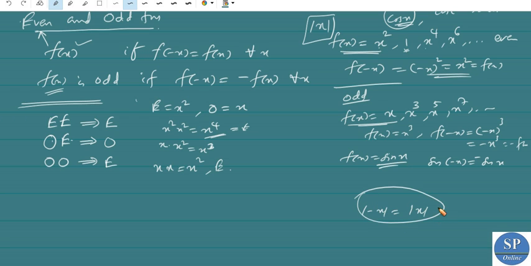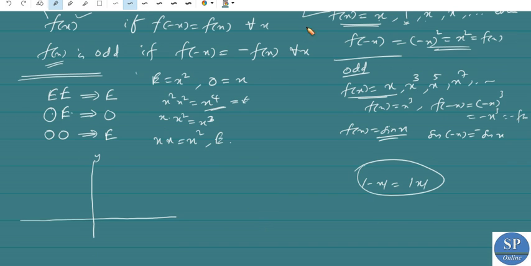Now, the graph of an even function is symmetric about the y-axis. This is the y-axis. So for example, we know the graph of y equal to x square. Y equal to x square is an even function, we know that. So the graph of y equal to x square is a parabola like this. We know this parabola is symmetric about the y-axis.